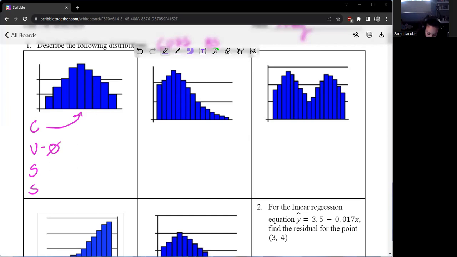For the shape, like I already said, we've got unimodal. So how many bumps? And it's relatively symmetric. And so I'm just going to say symmetric. And in terms of the spread, without the numbers, we can't really get an IQR or a standard deviation, but based on this shape, I'm going to say that the standard deviation is a reasonable measure of spread.